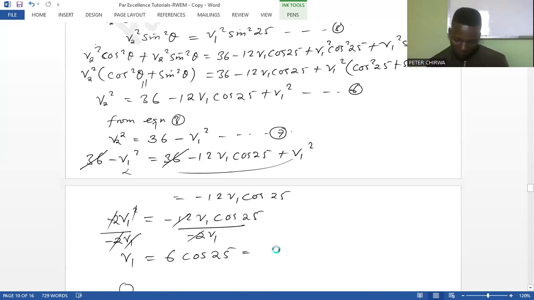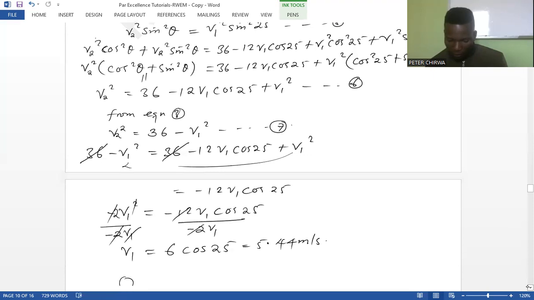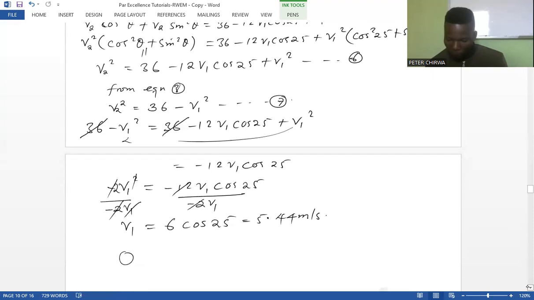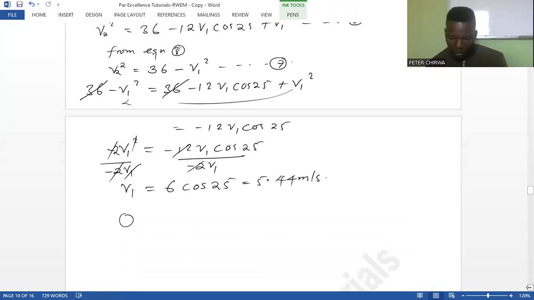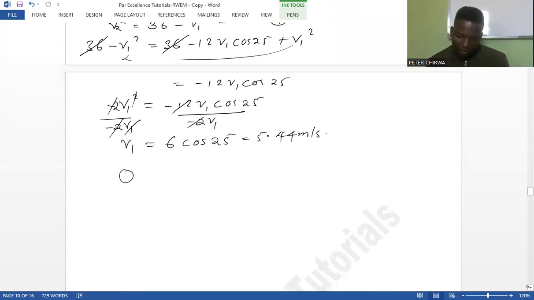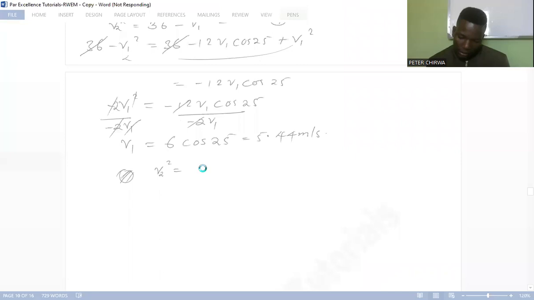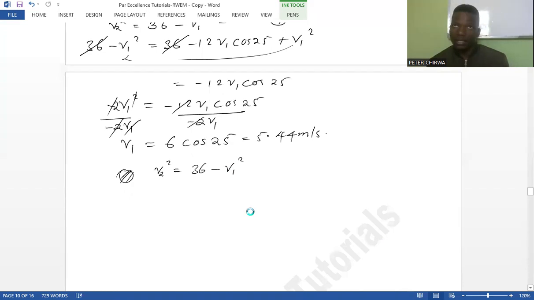So what I have is 5.44. Okay, let's leave it there. All right, so my v1 is 5.44 meters per second. So now I can use equation 7. Equation 7 says v2 squared is equal to 36 minus v1 squared.